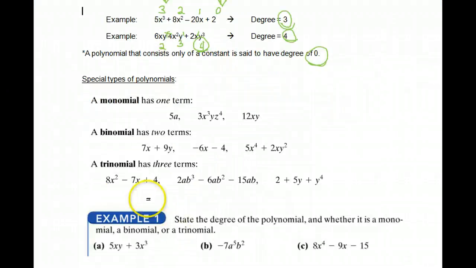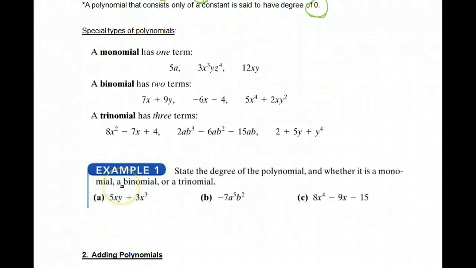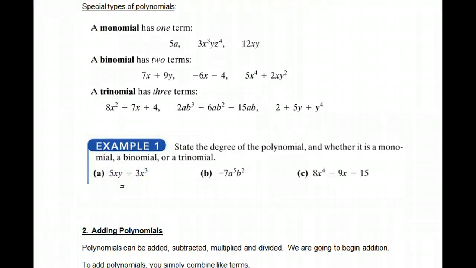So the next topic that we're going to look at are special types of polynomials. We can classify our polynomials into special types that we will work with frequently.